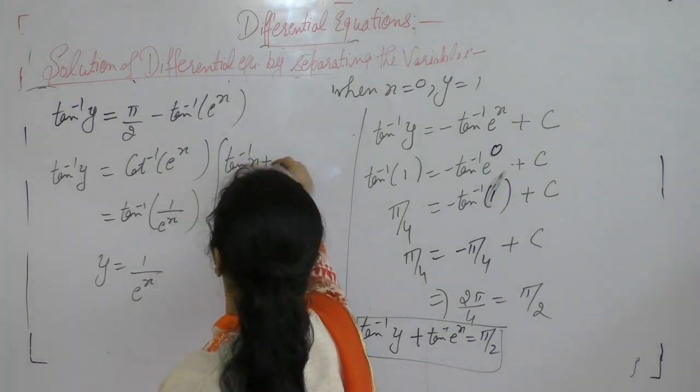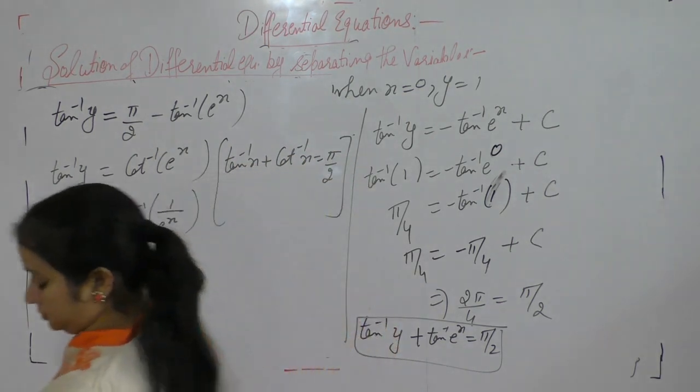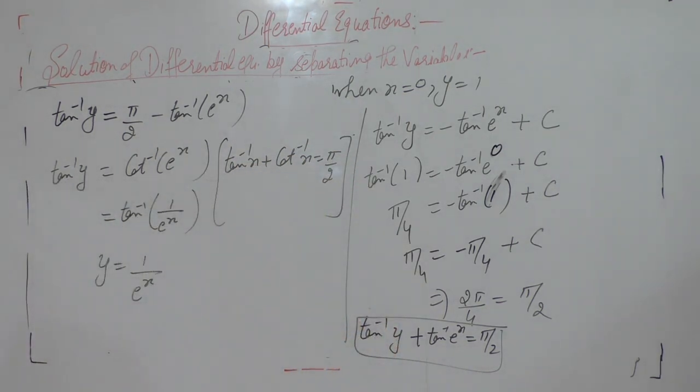Tan inverse x plus cot inverse x is equal to pi by 2. Note it down.